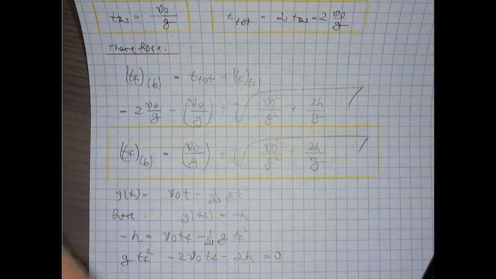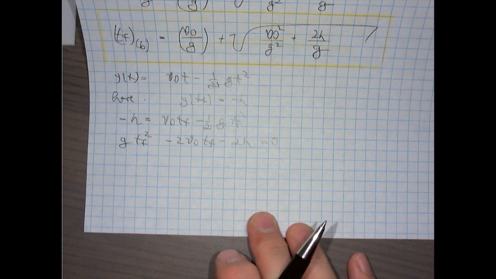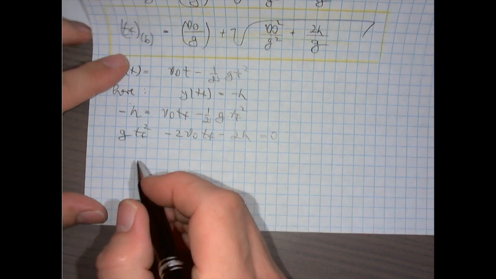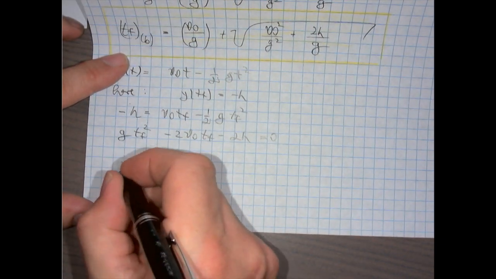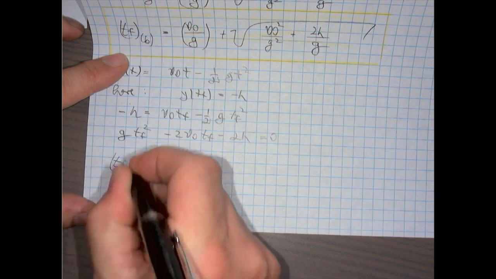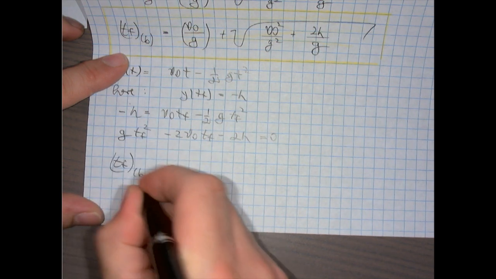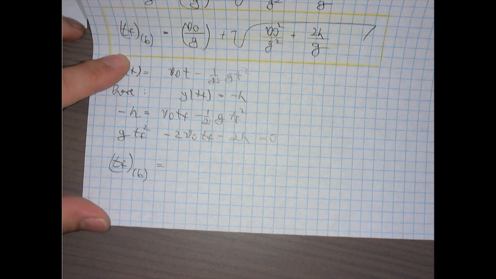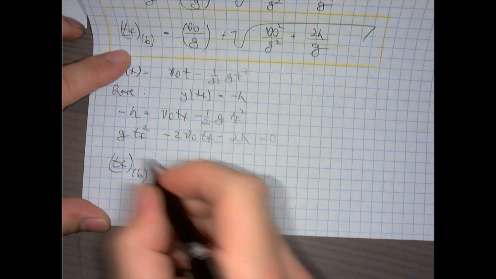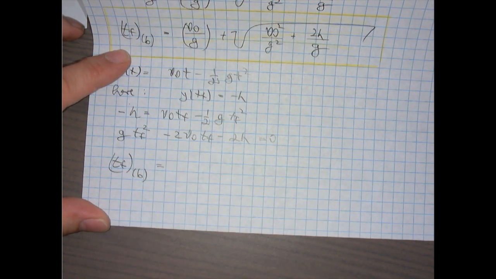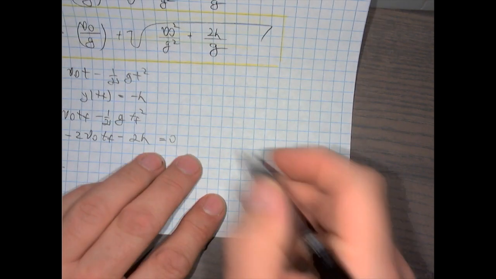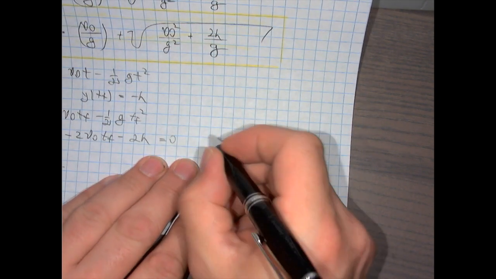Just bear with me for a second. And then what do we have? The solution now is therefore tf for part B. Let me write out here the actual quadratic equation formula.